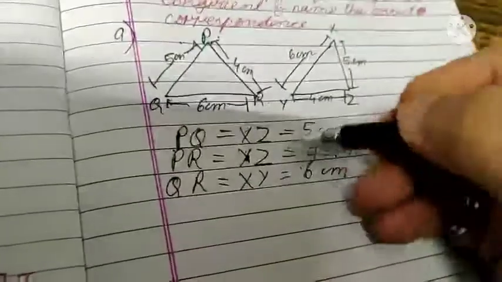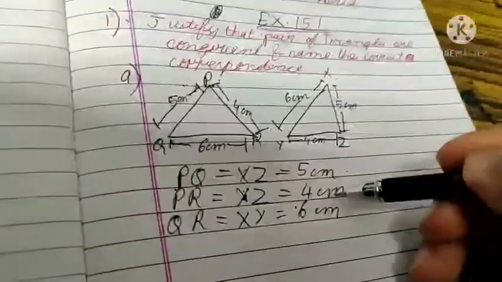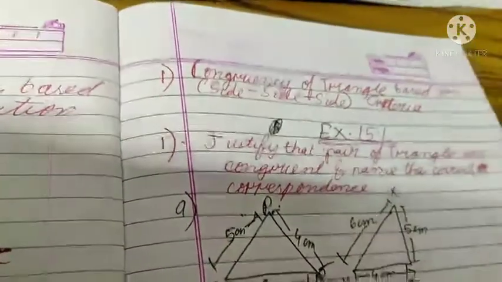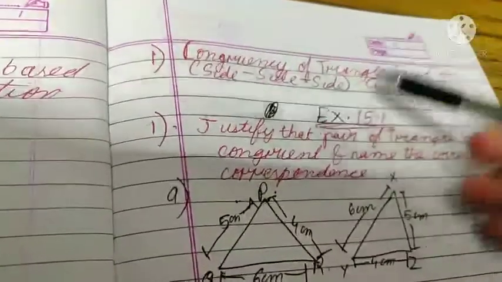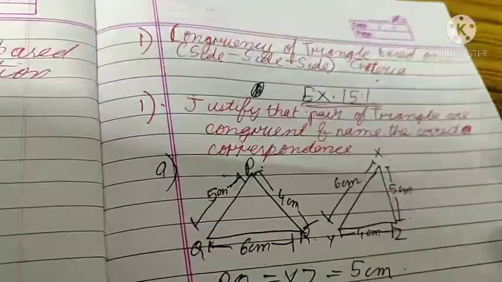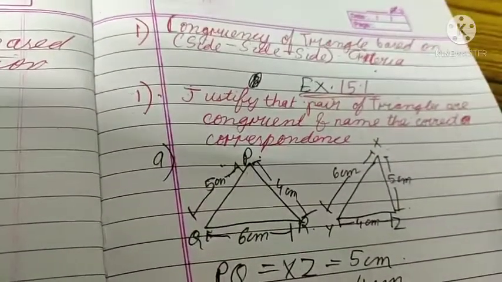So both the triangles have all sides equal. Look, whenever we have to prove two triangles congruent, you need a criteria which should be suitable. There are 4 more criterias: SAS, RHS, AAS and ASA.